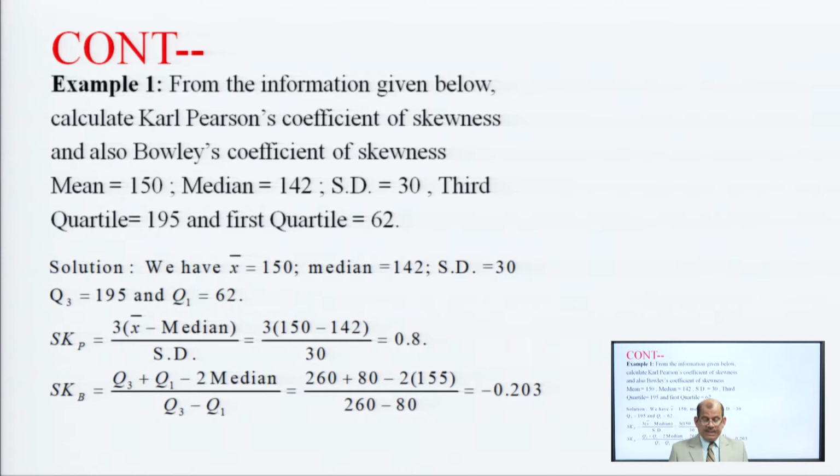And Bowley's coefficient of skewness is (Q3 plus Q1 minus 2 median) divided by (Q3 minus Q1), which is equal to (260 plus 80 minus 2 into 155) divided by (260 minus 80), which is equal to minus 0.03, meaning skewness is negative. In the first case, skewness is positive.